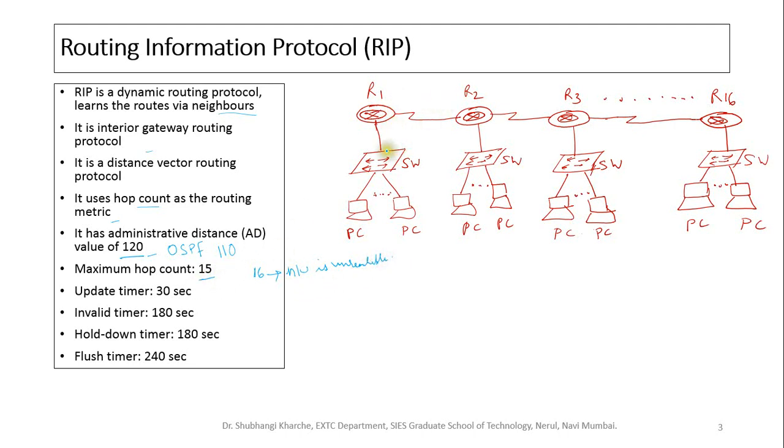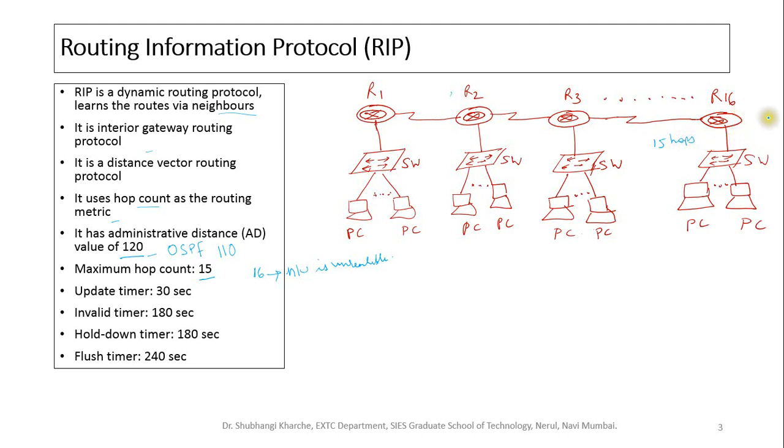Here in this diagram you can see that the maximum hops in a network wherein RIP is used should be 15. So the hop from R1 to R2 is one hop, from R2 to R3 second hop, and so on. So altogether there are 16 routers in this network which can have maximum 15 hops, and if the metric becomes 16, then the network becomes unreachable.